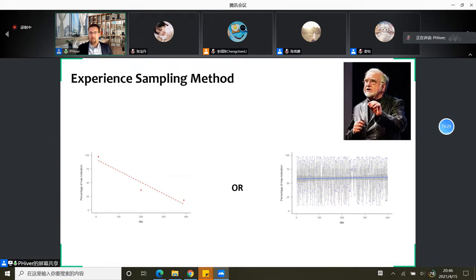And second, experience is structurally dynamic. It's constantly changing. So this is why the experience sampling method collects very situated and very time-dense data. This time-dense data is genuinely one of the best ways to study the temporal aspects of human functioning and human behavior.